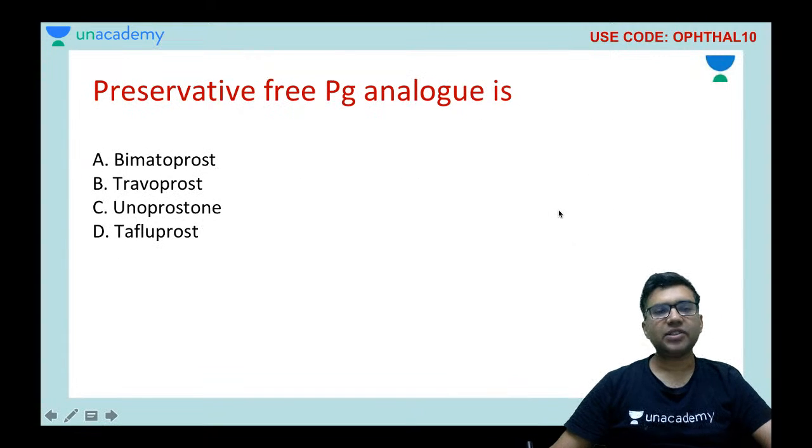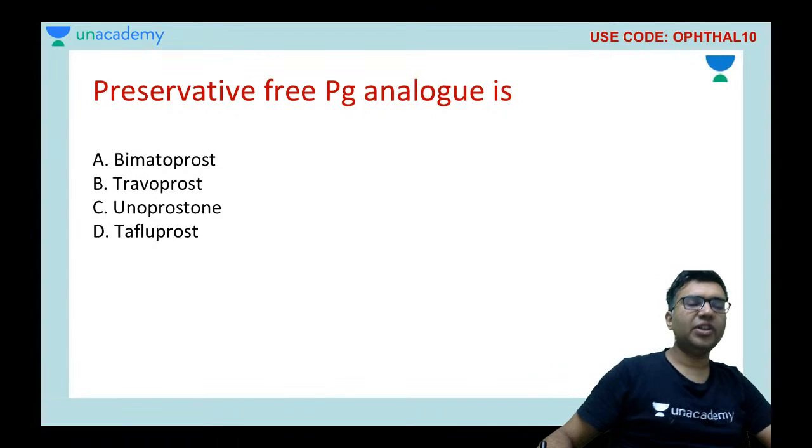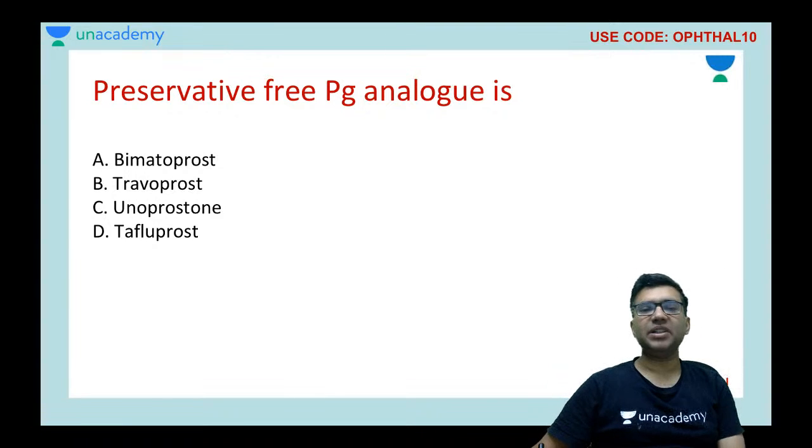Okay, so our next question is that we already told you that the benzalkonium chloride can cause problems on the ocular surface. So we have developed a preservative-free PG analog.